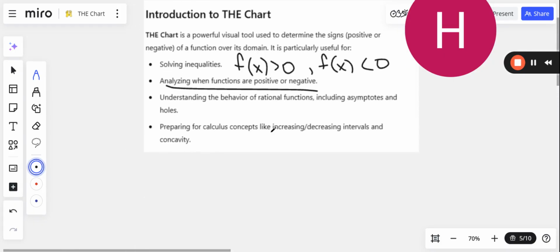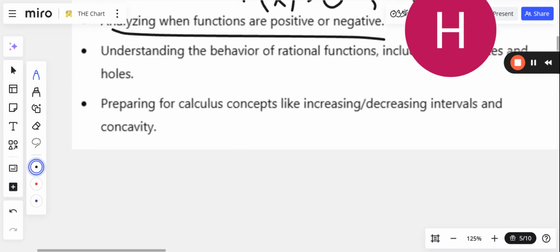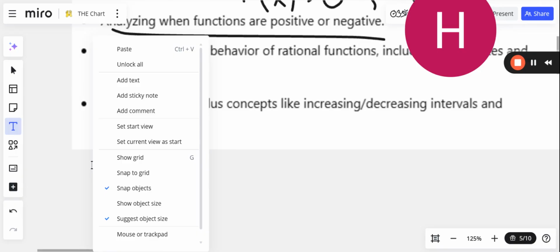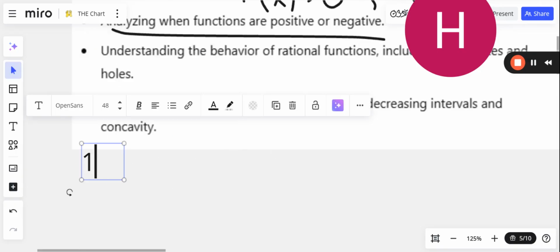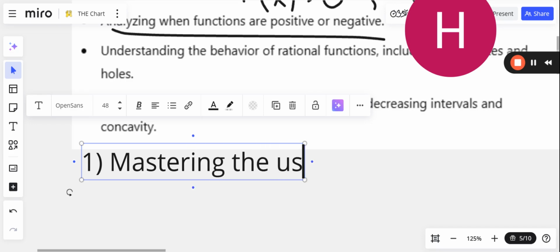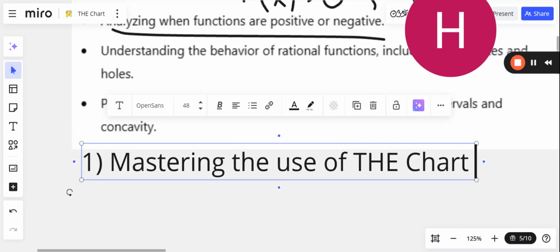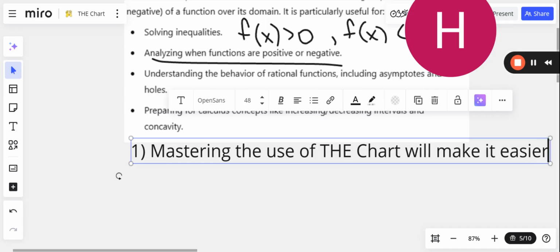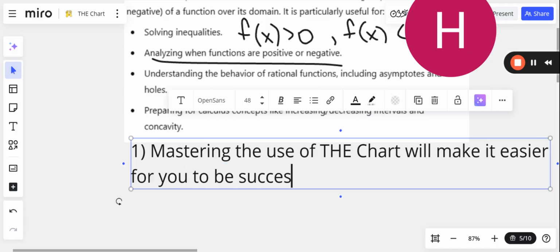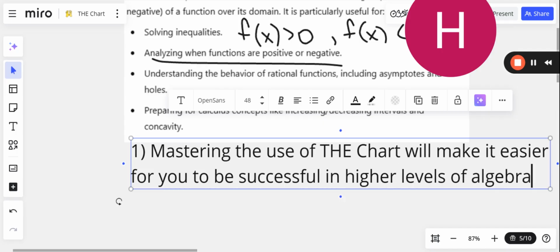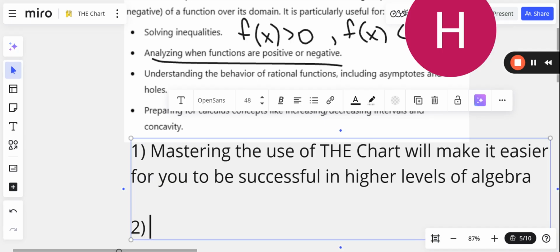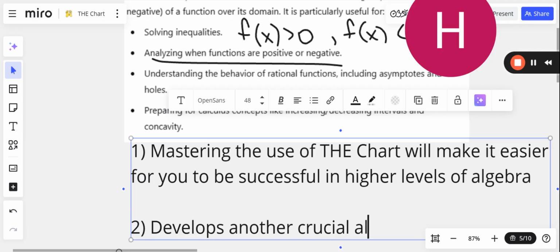Oh, also wanted to mention, one of the reasons why the chart is really good to know and to master is twofold. First of all, mastering the use of the chart makes it easier for you to be successful at higher levels of algebra. But the second thing is that it develops another crucial algebraic technique, and that would be factoring.